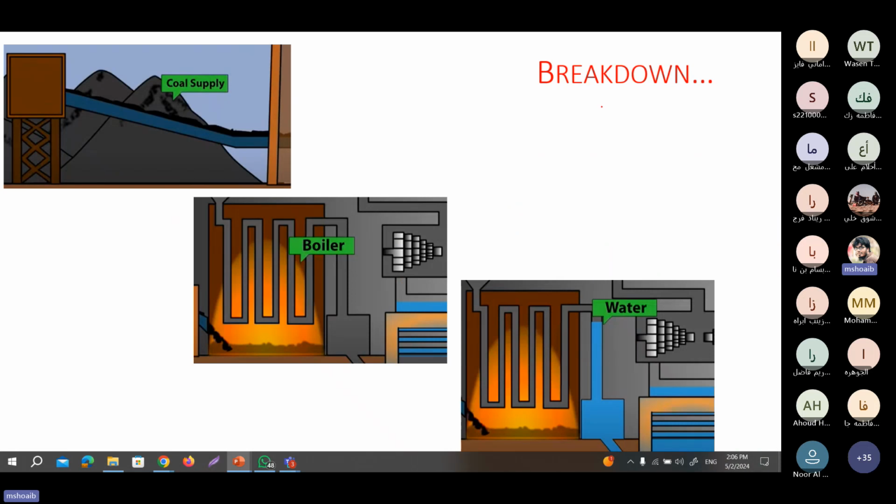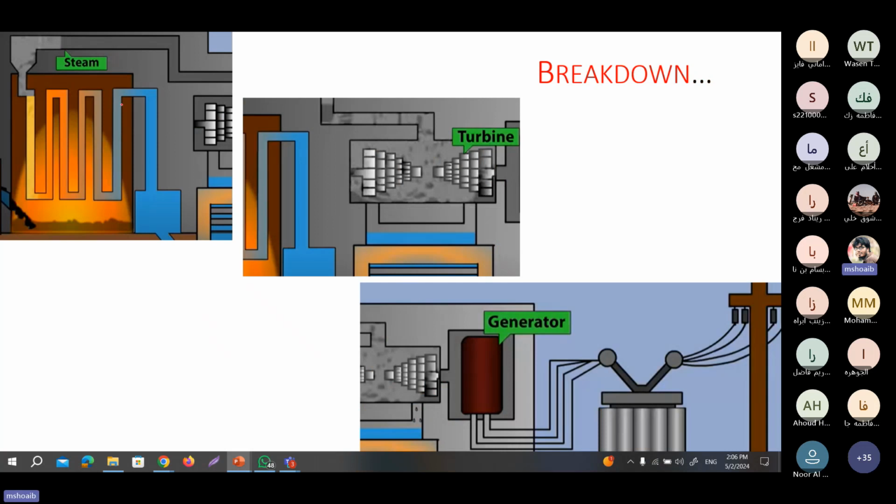So this is the breakdown. You can see the coal is supplied, then the boiler, and the water is provided inside the boiler. This is the boiler we have, and water is coming into the boiler. It is heated up and converted into steam. This high pressure steam is provided to the blades of the turbine.